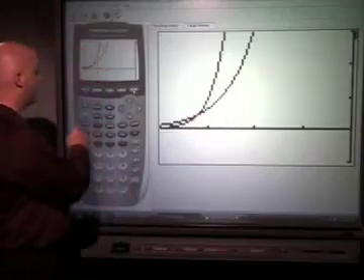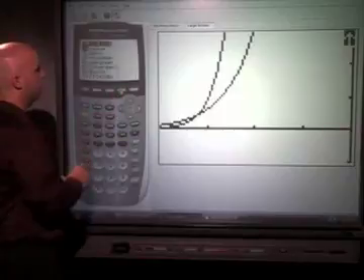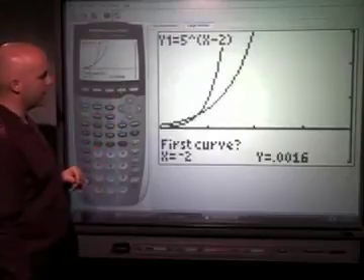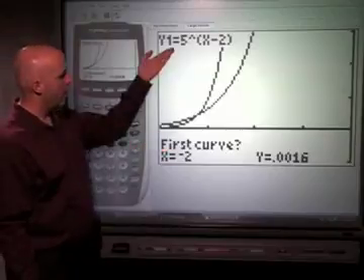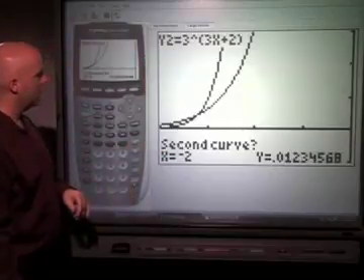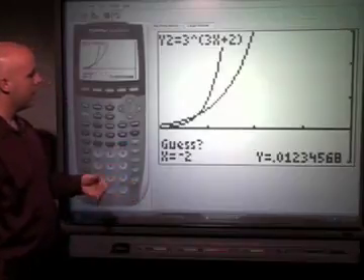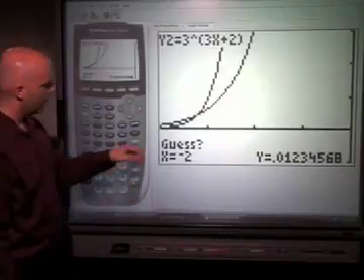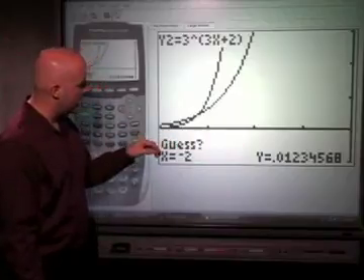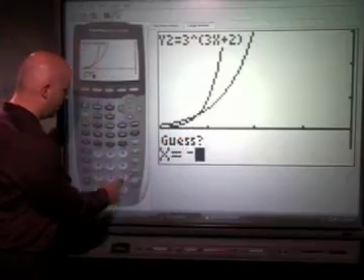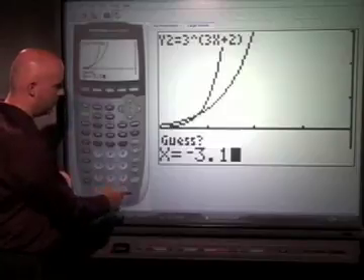So we'll go ahead and find that using our calc menu. The second and the trace key. Pick option number 5 for intersect. First curve is y1, press enter. Second curve is y2, press enter again. And for our guess, you're scaling by 1 along the x-axis. It looks like it's just past -3, so we'll use -3.1 for our guess.